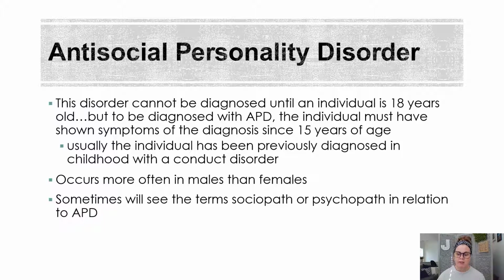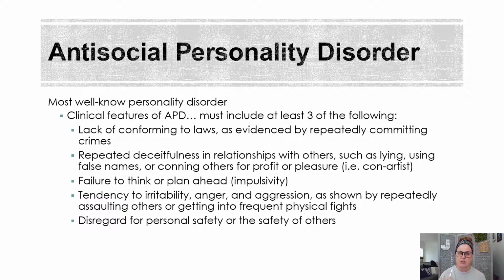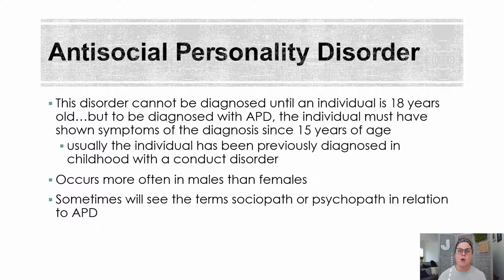And if you think back and look at some of those clinical features, the deceitfulness, the lack of conforming to laws, if a person has antisocial personality disorder, they probably have already established some type of track record, either in the courts or even in schools. And so that information is going to be available.